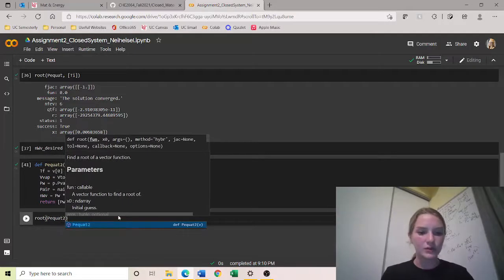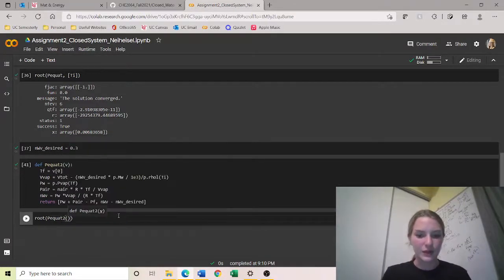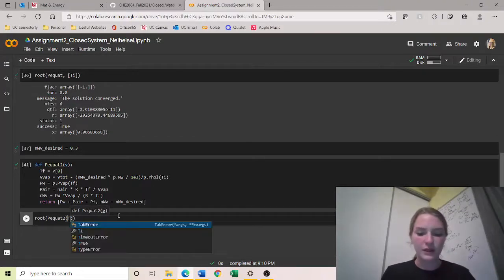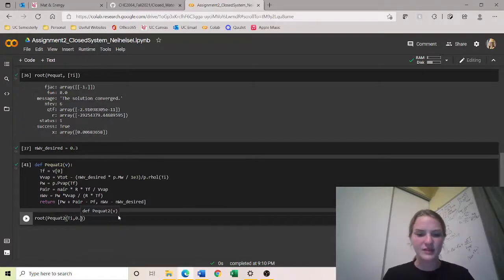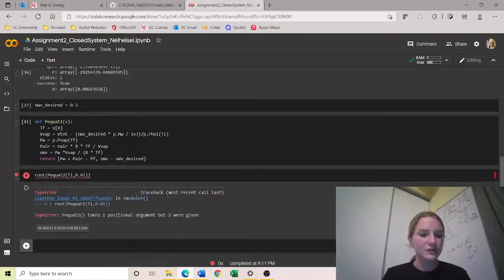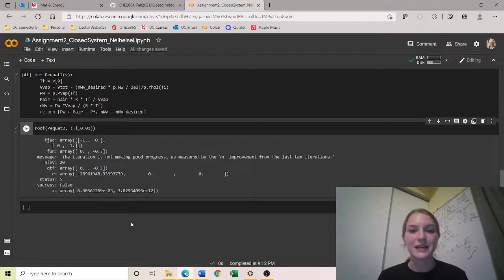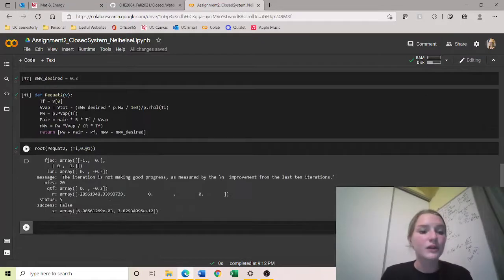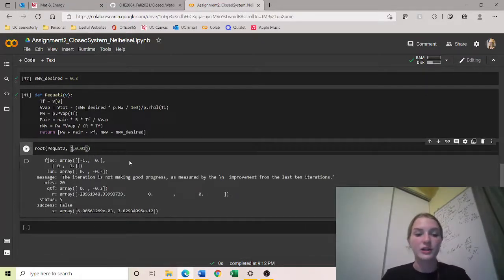And we are going to have our initial temperature, and our initial guess is going to be around 0.01. So we're going to shift enter. So we had some invalid syntax there, but we finally got there. So now we are going to go in here and we are going to change our initial temperature to 360. I think that's going to be a better guess for us.